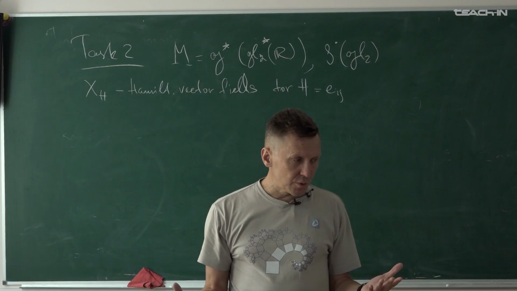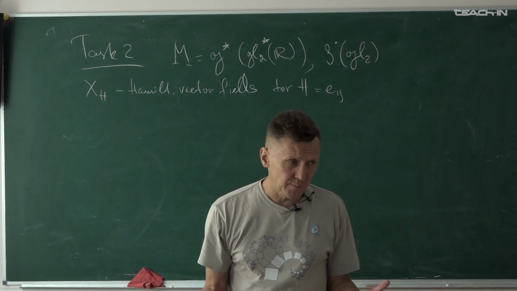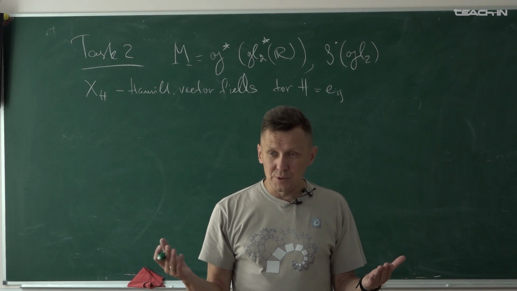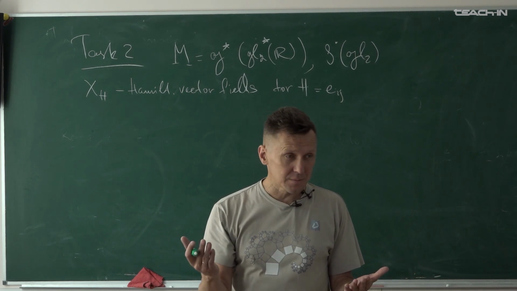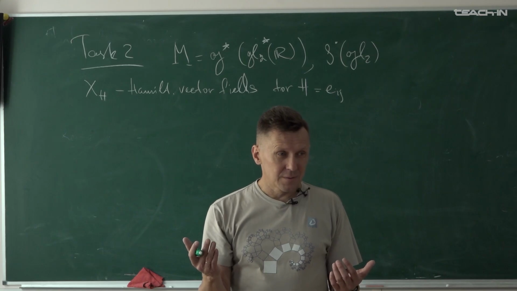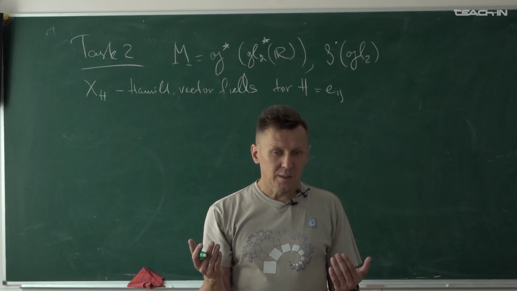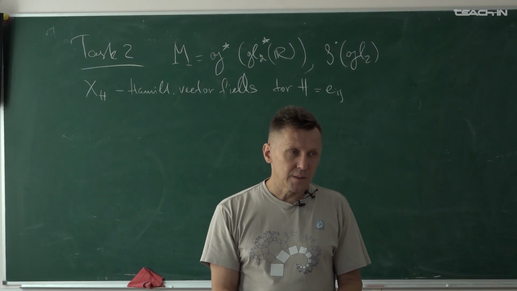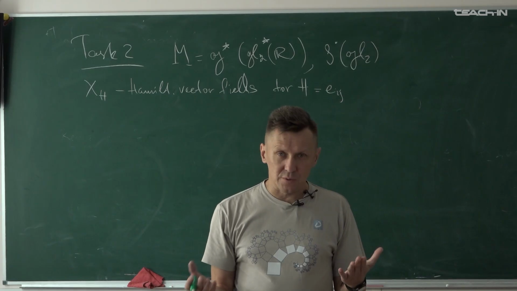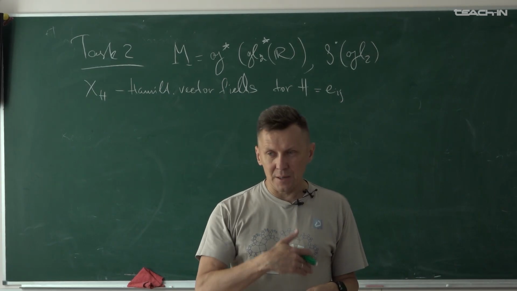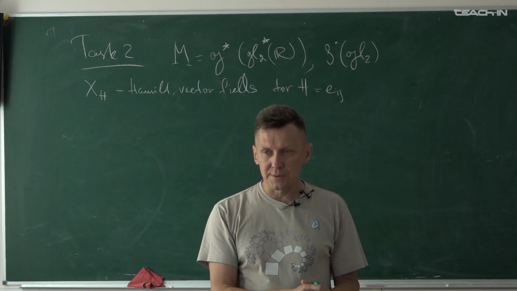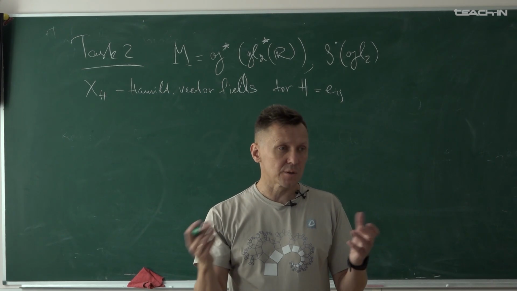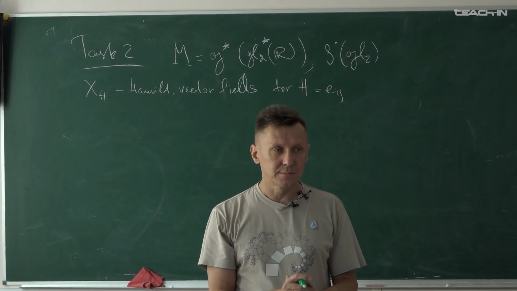What could you say about this Hamiltonian vector field? Could you solve it? Could you define the dynamics along this? If we have the Hamiltonian, we can. And it will help us to describe the center. Because the central functions, the Casimir functions, are preserved along Hamiltonian vector fields. They are constant along the trajectories of Hamiltonian vector fields. Is it clear?